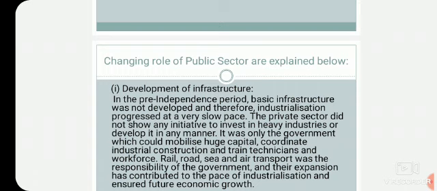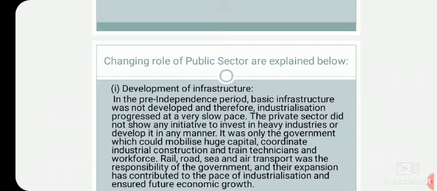The private sector did not show any initiative to invest in heavy industries or develop it in any manner. Then it was only the government which could mobilize huge capital, coordinate industrial construction, and train technicians and workforce.